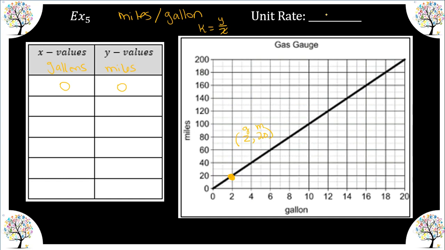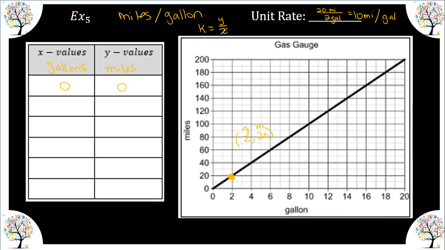So to find the unit rate, we're going to take the 20 miles divided by the 2 gallons, and this gives us 10 miles per gallon. So for every gallon of gas we use, we can go 10 miles, or we can say for every 10 miles we travel, we've used 1 gallon of fuel.